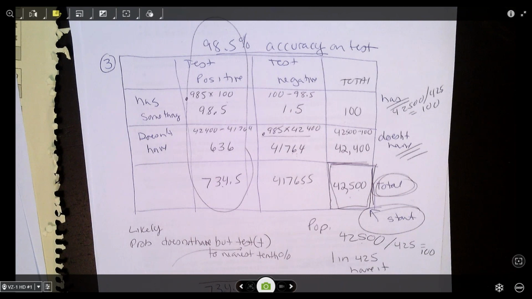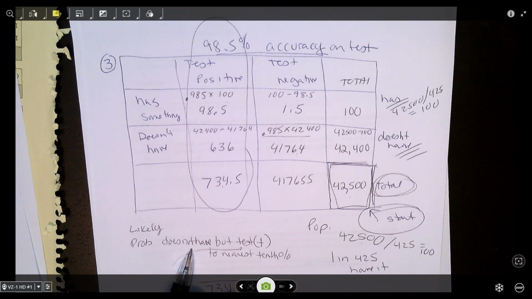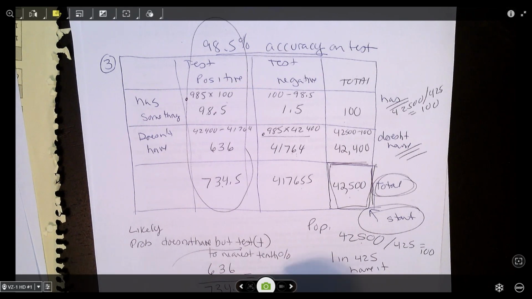Out of that 734, how many did not have the disease or the gene? 636. And what does that equal? 0.8659. It said a percent rounded to the tenth.